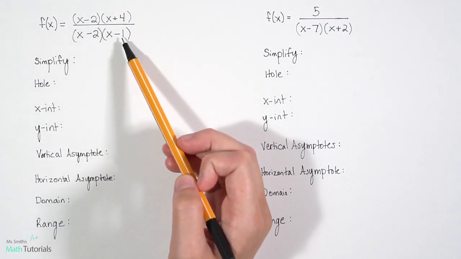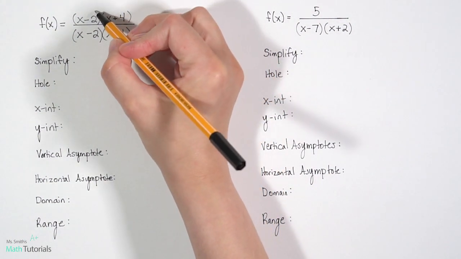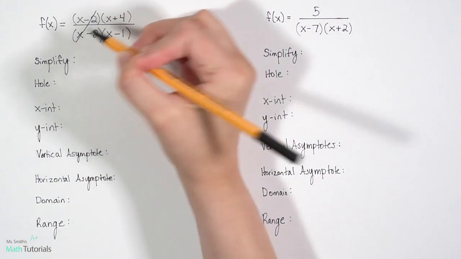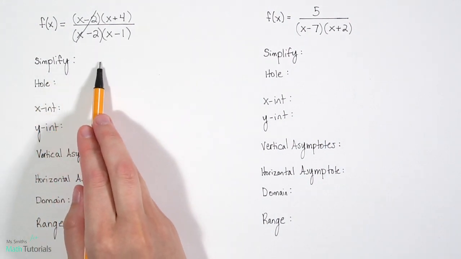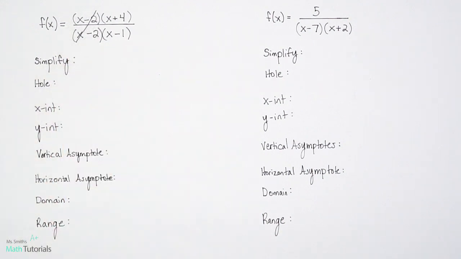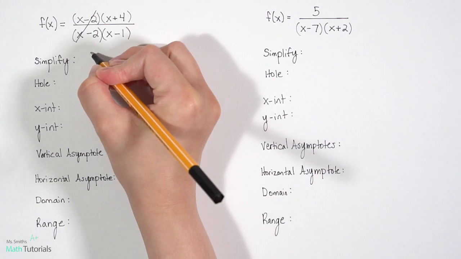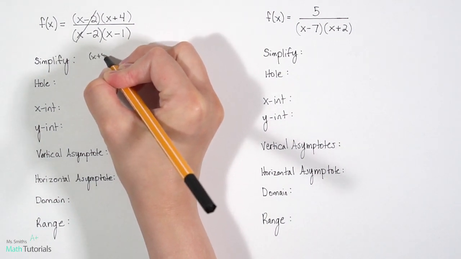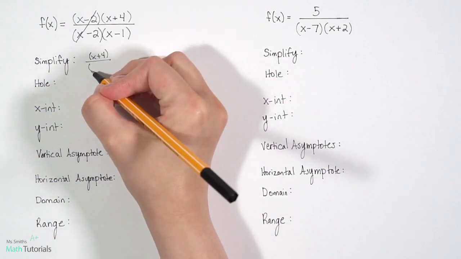Order doesn't matter. It just matters that they're the same. So I can actually go ahead and cancel those out. And then when I simplify, I want to just rewrite the same problem, but with the canceled out versions canceled out. So in my numerator, I would have x plus 4. And in my denominator, I would just have x minus 1.